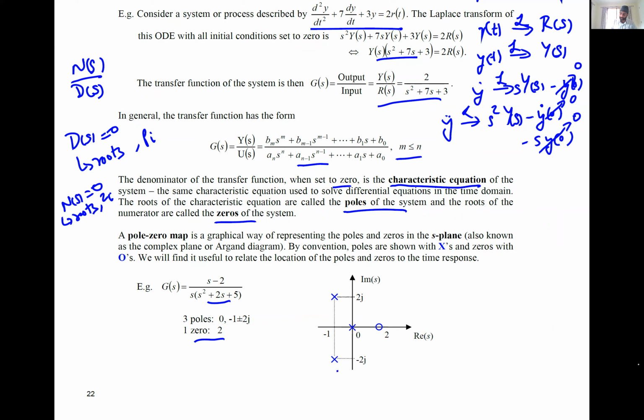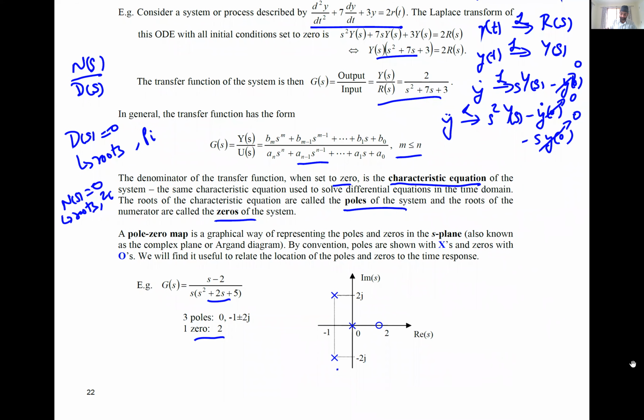By looking at a zero on the right half plane, I can also say that when I apply some input, the response will start off in the opposite direction because of this zero, which is in the right half of the complex plane and referred to as a non-minimal phase zero. These are some of the things that you will be able to tell after you go through a few lectures in this course.